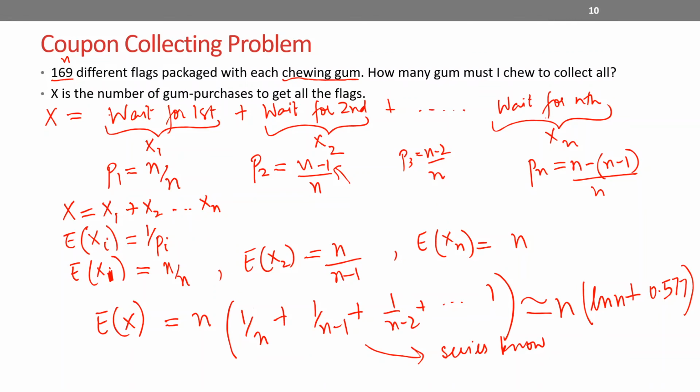So if I calculate it for my n, which is 169, the expectation for x, or the number of gums that I need to buy before I collect all of these, comes almost equal to 965. So essentially I need to buy 965 gum packs until I collect all these 169 flags.